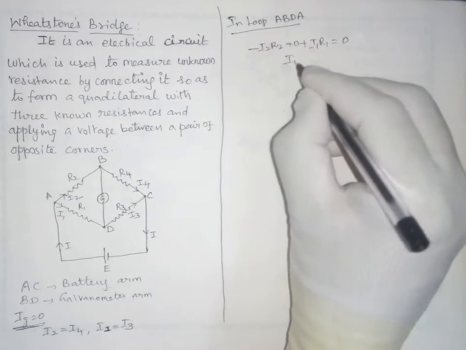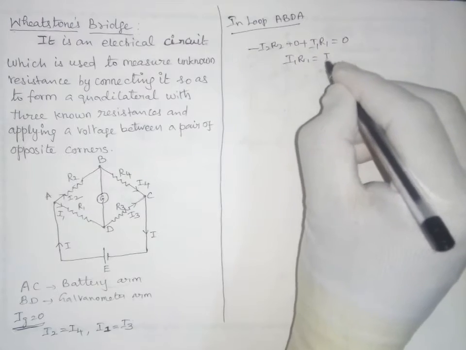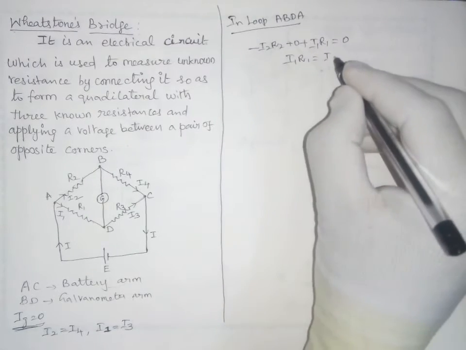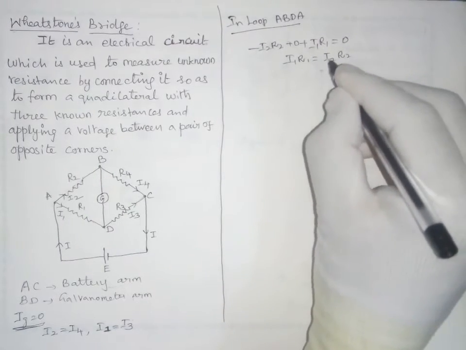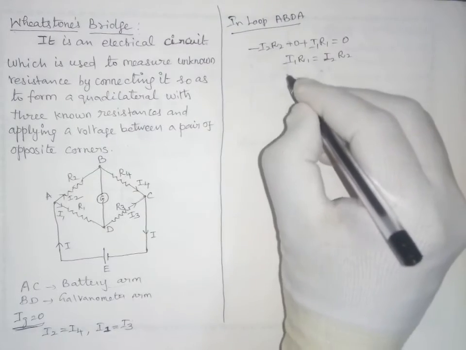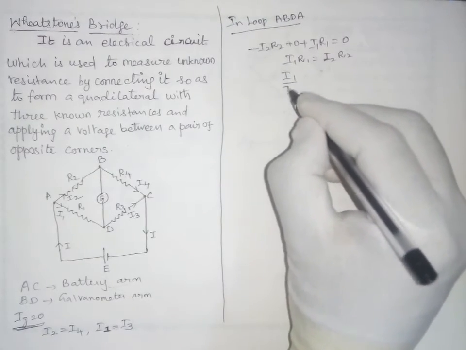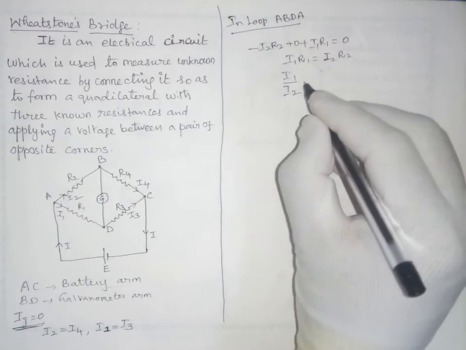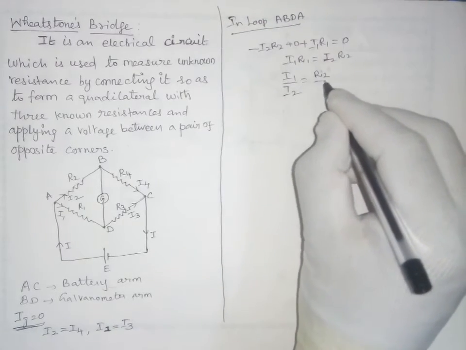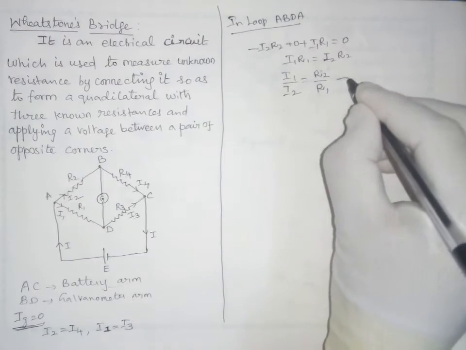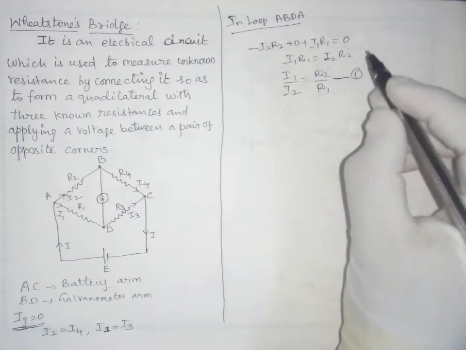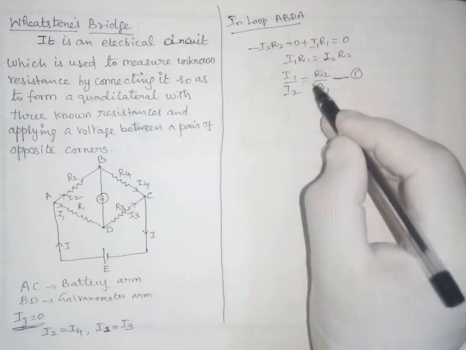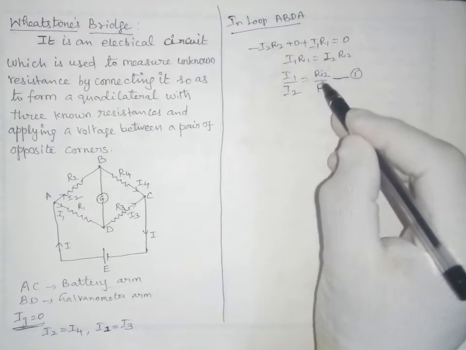So I1 R1 equals I2 R2. Then I1 by I2 equals R2 by R1. So this is equation 1: from the loop ABDA we found I1 by I2 equal to R2 by R1.